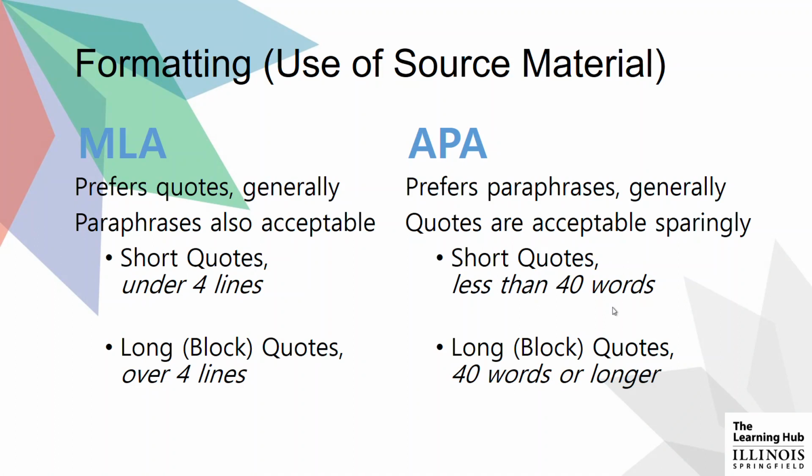So however many lines of text your quote takes up is where you designate. So if it's under 4 lines of text, it's a short quote, and if it's over 4 lines of text, it's a block quote. In APA, they're a lot more specific, which I appreciate. If it is less than 40 words of text, so 39 words or shorter, you can format it as a short quote. But if it is 40 words or longer, you format it as a block quote.